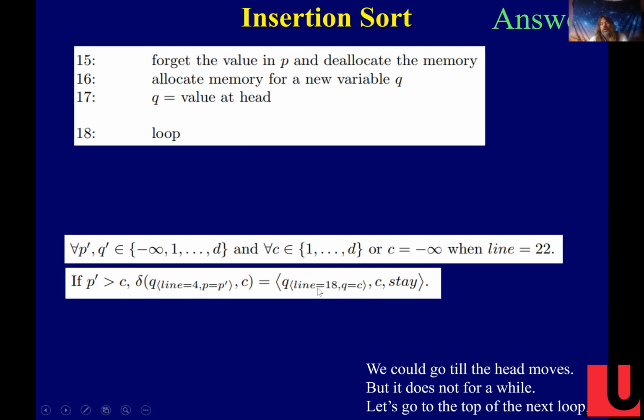And what's Q? Q is the value that was at the head, right? Before I even moved the head. I haven't moved the head yet, right? So here, if I'm at line 4, and in these cases, then what do I do? As I change from state line 4 to line 18, I forget the value of P. I remember the value of Q, and the value of Q is whatever I was reading, the C value I was reading, right?